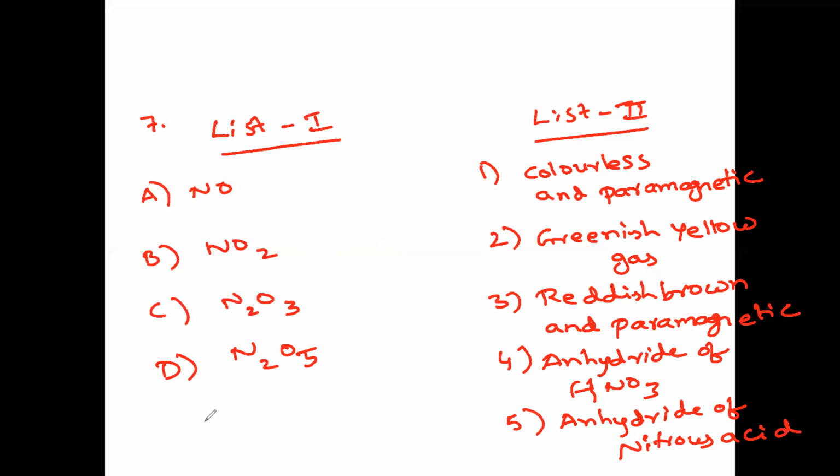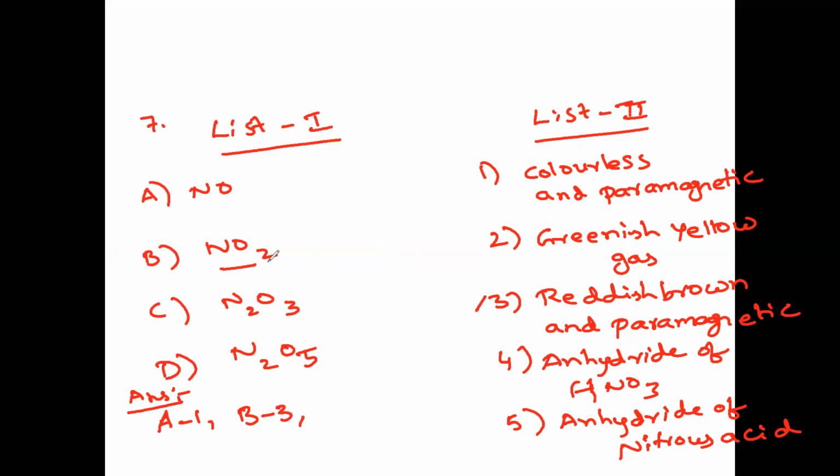Now they're asking for the correct match. A is nitric oxide. It is colorless and paramagnetic, we already know. So A is 1. Please note down this answer and question in your classwork. B is 3. Nitrogen dioxide is reddish brown and paramagnetic, so B is 3.